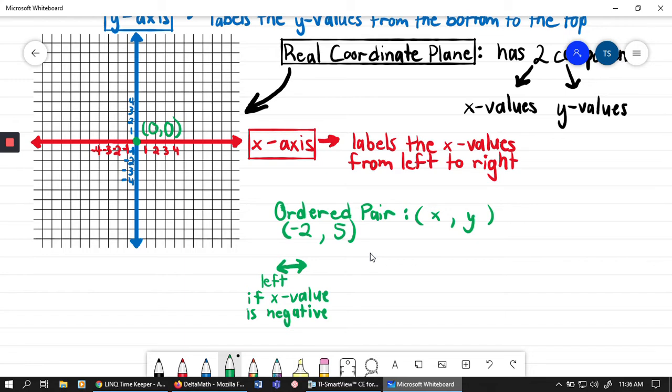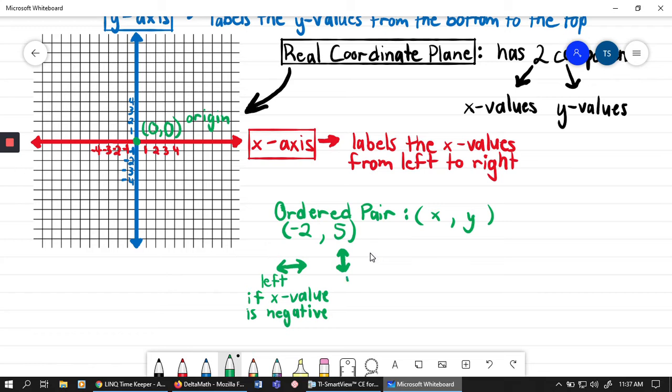Okay, so when we look at this y value here, that is going to determine your up or down motion from the origin. And again, the origin, that point 0, 0, is where we start. When we look at the y value, it's +5 here.